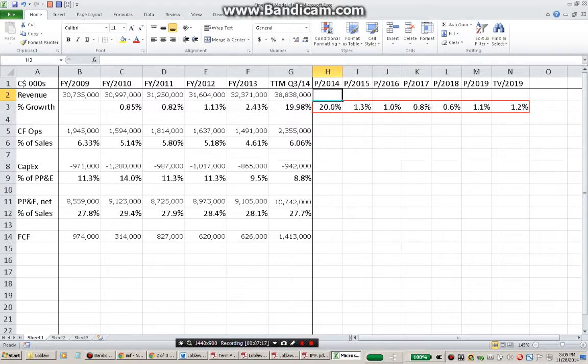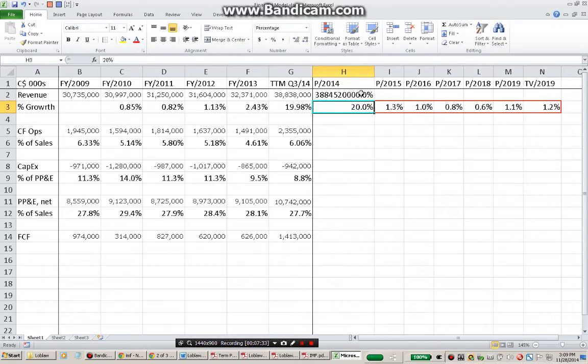Okay, so equals 1 plus 20%. So sales are going to grow 120% from the year prior. This is in dollars.